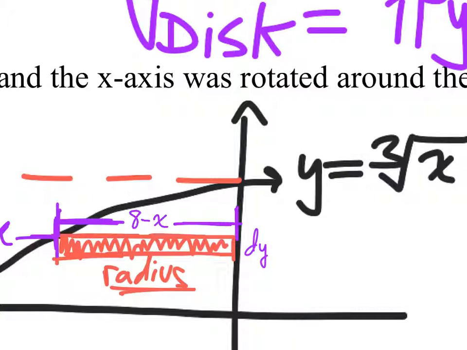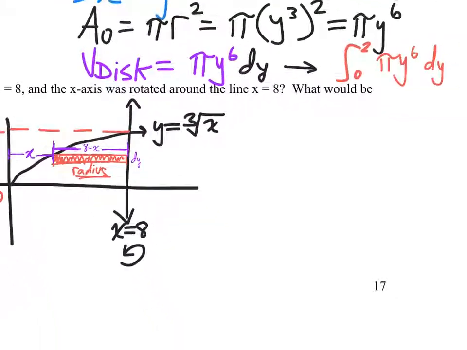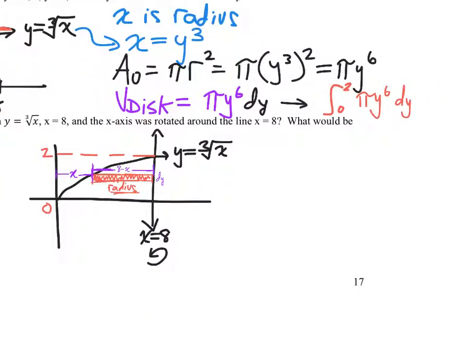No, dy tells me that everything has to be in terms of y. All right, so my y values go from 0 to 2. Pi r squared dy. I could put the 8 minus x in there, but then I have a contradiction in an argument. All right? I have an x here and a y there. This isn't Calc 3. You can't do that.